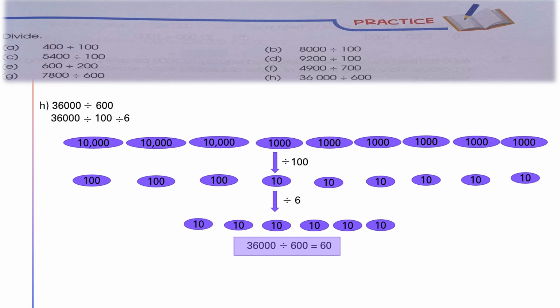When these are divided by 100, we have 3 discs of 100 and 6 discs of 10. On further dividing these discs by 6, we have 6 discs of 10 as a result. So 36,000 divided by 600 is equal to 60.